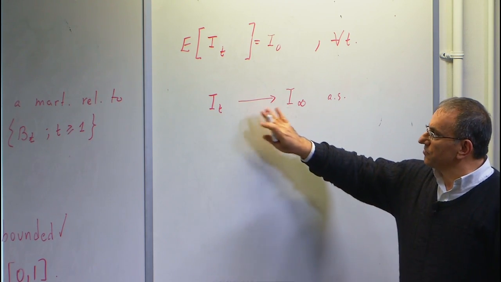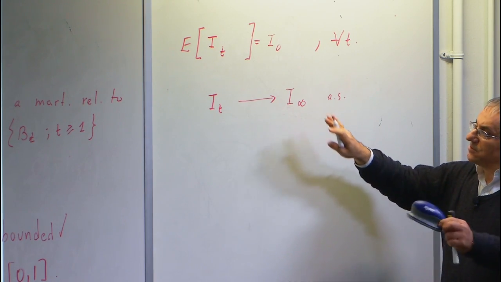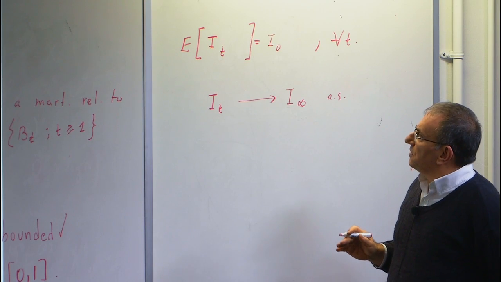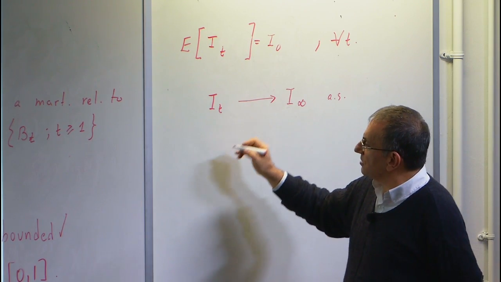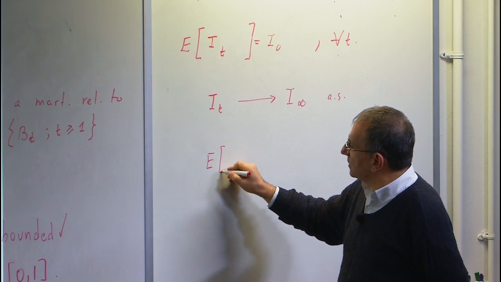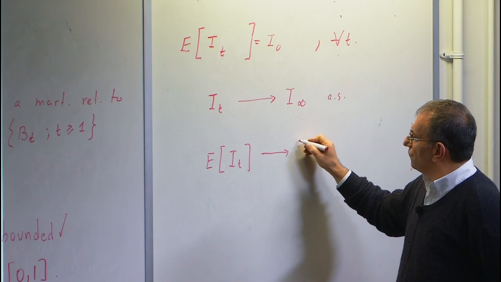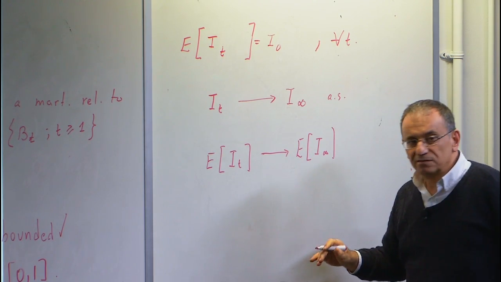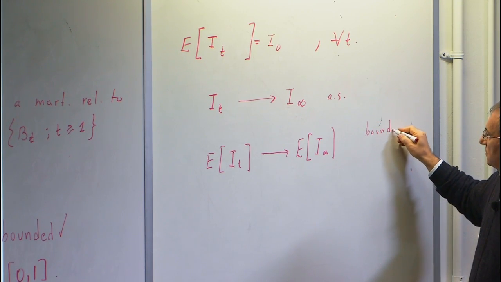There is some slight technical condition, but this is true very generally. But this is not strong enough. For example, just by looking at this, I cannot say that this converges to I infinity. This one is true because it's a bounded martingale.